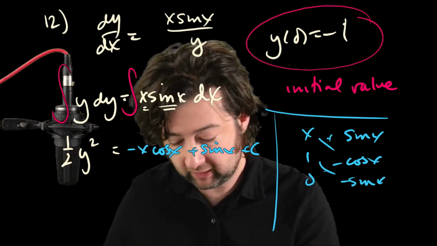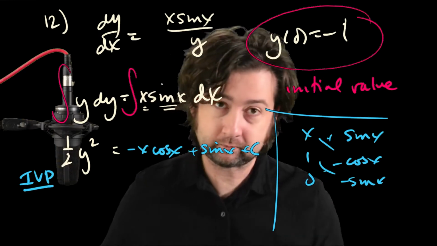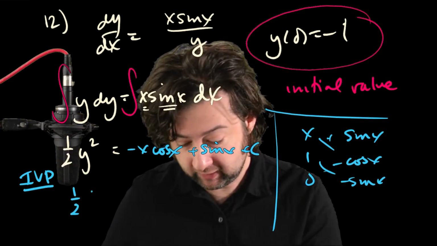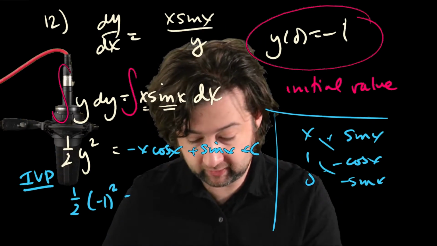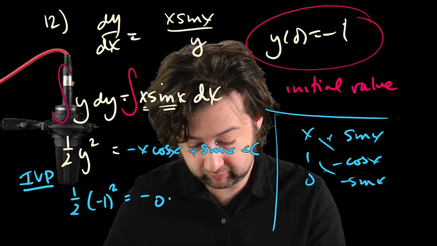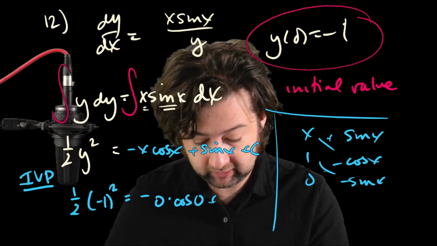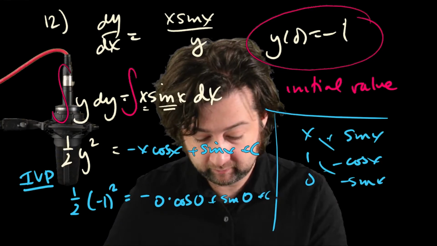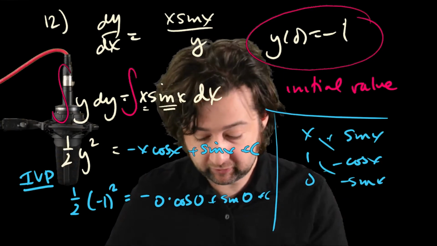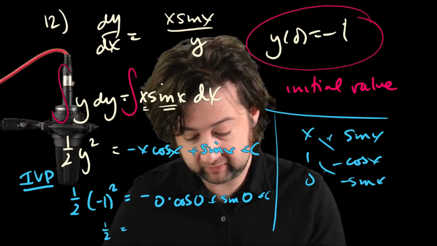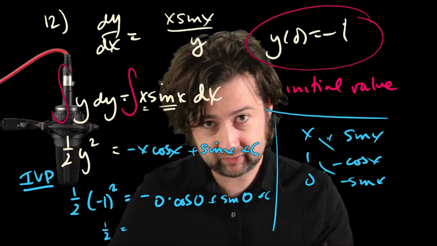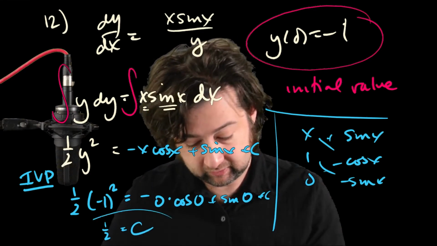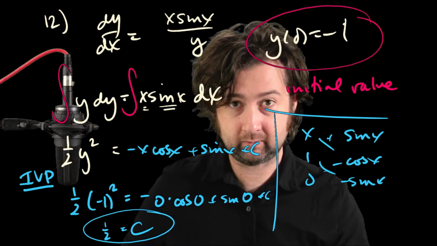So from this point, I can solve the IVP by plugging in: 1/2 of -1 squared is equal to minus 0 times the cosine of 0 plus the sine of 0 plus c. And what you'll end up with there is 1/2 is equal to 0 plus 0 plus c. And so there's the value of c that we wanted.